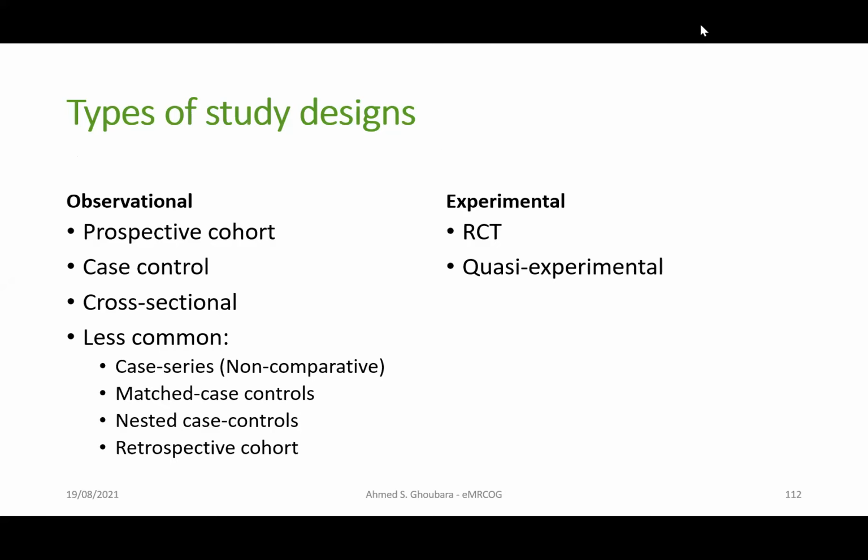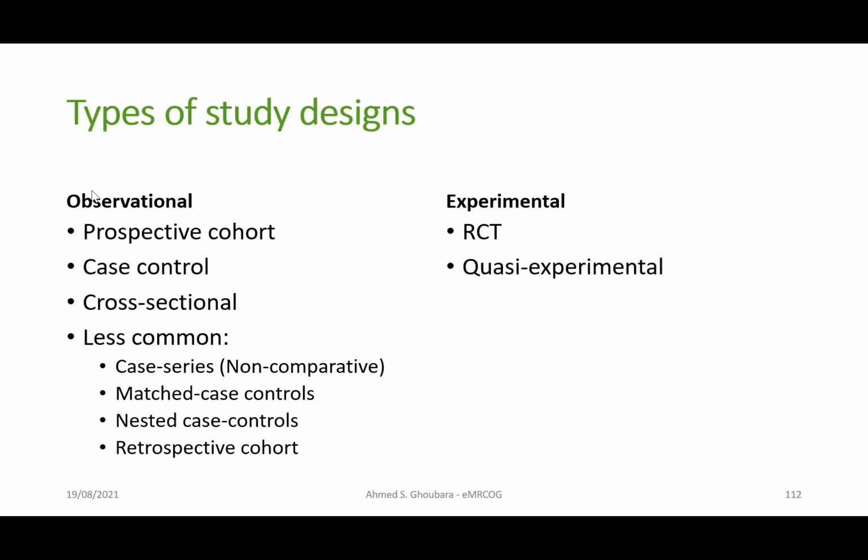I'm explaining it, don't worry. Observational means we observe. We don't interfere. We don't give the patient any specific medications. We just let the patient go with life, and we collect our data and see what's going on.